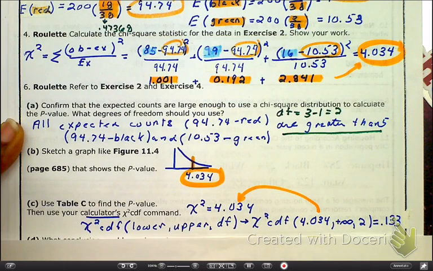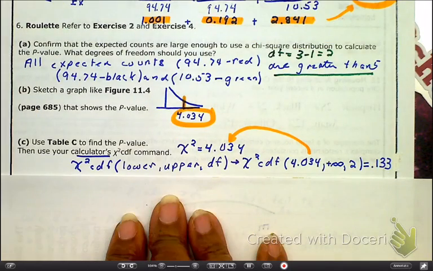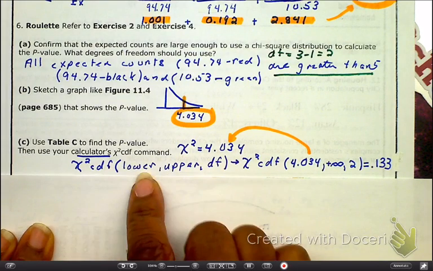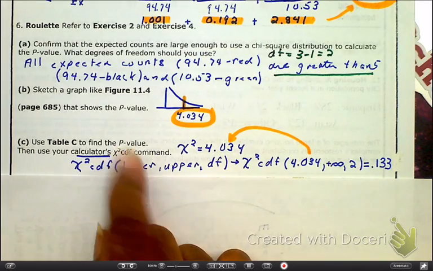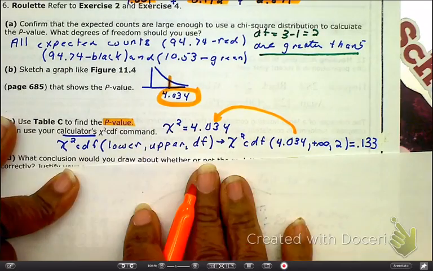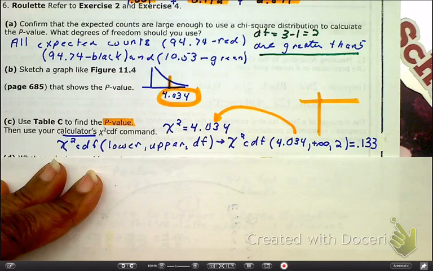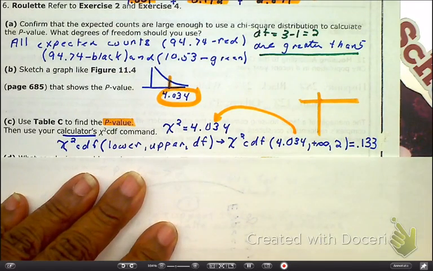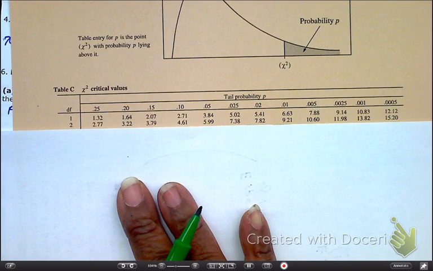Okay, now we're going to use our table or our chi CDF for those of us who don't already have it shown to us. So here's your chi CDF. Remember I said the lower, upper, degrees of freedom. This is how we're going to get our p-value. With the use of the table, you can see here we have our degrees of freedom, which is 2.